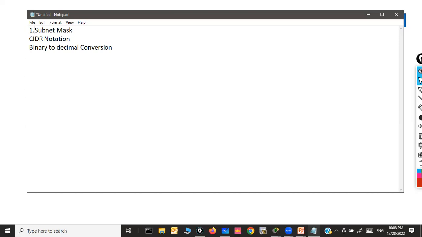So today we discussed subnet mask, which is the decimal representation, and CIDR notation, another way of representing network and host bits, by counting the number of ones: slash, and then the number of ones or network bits.